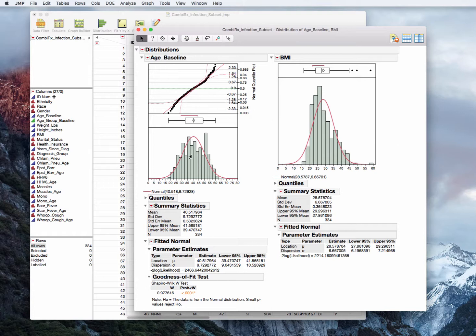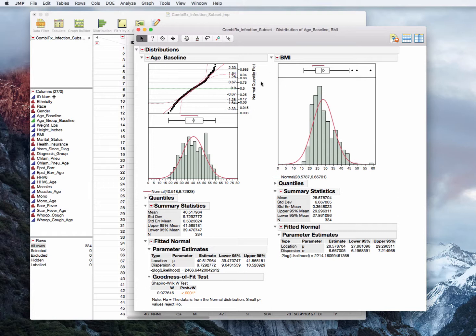And in fact, of course, we expect a certain percentage to be plus or minus 1 standard deviation, and a different percentage plus or minus 2, and then almost 100% of our data should be plus or minus 3 standard deviations. It's a closer fit in the age distribution than it is in the BMI distribution.